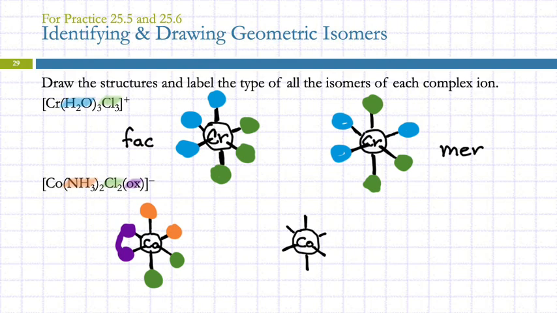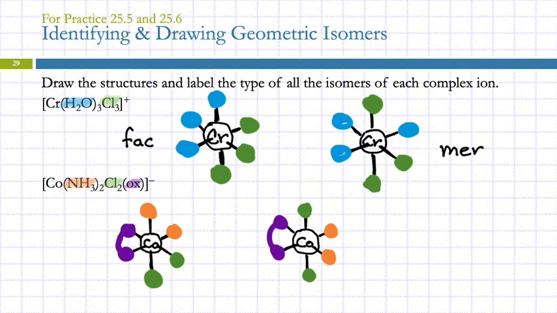So I'm just going to change one thing. I'm going to switch an orange one for a green one. So I took these two and swapped them. You see that?